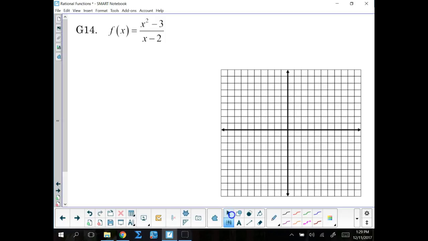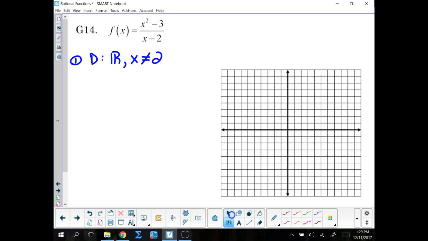Step number 1 is what? Domain. What is the domain of this function? Do we agree? All real numbers, but x cannot equal 2.